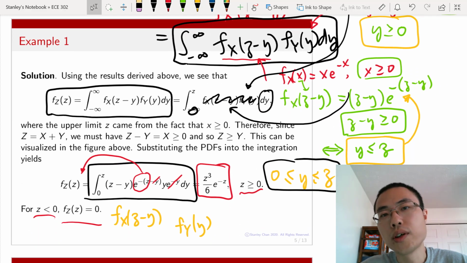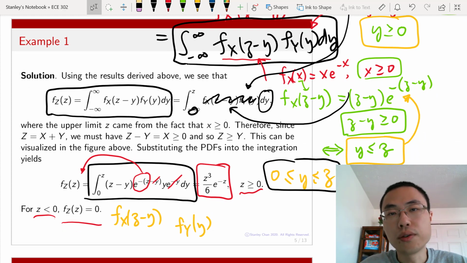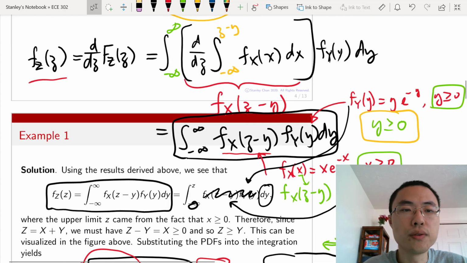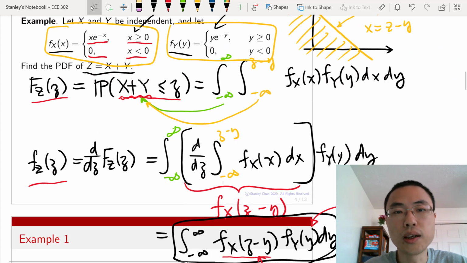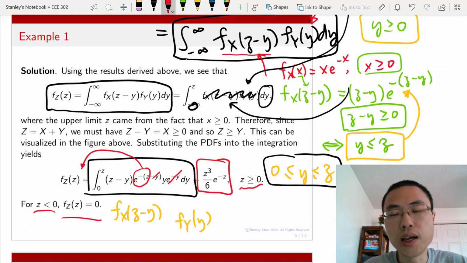Up to this point, you do not need to plug in the specific equation, which is the specific definition of fx and fy, into that calculation. When you plug in the fx and fy, what you need to do is to look at the range, because you cannot just plug in the equation. You also need to care about the upper and lower limit of this integration.